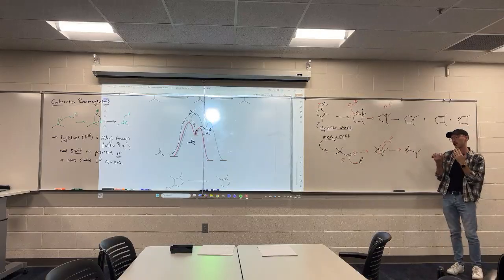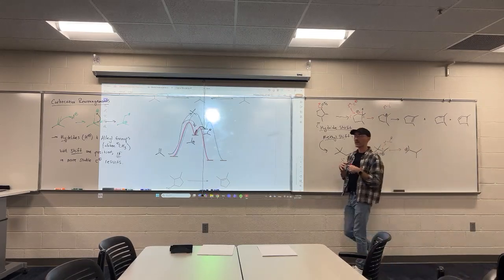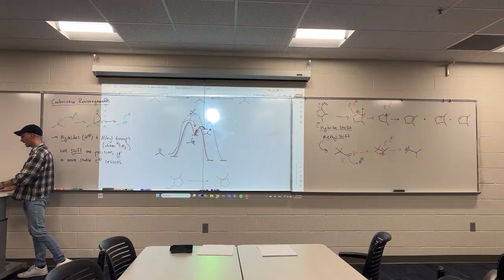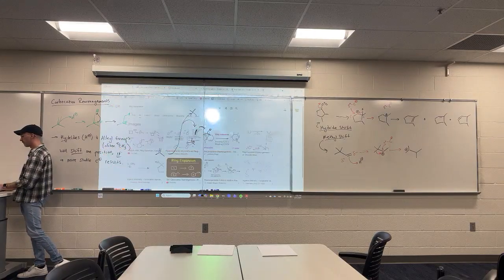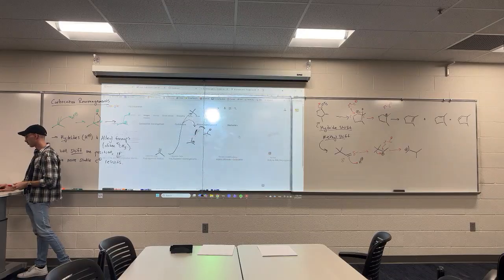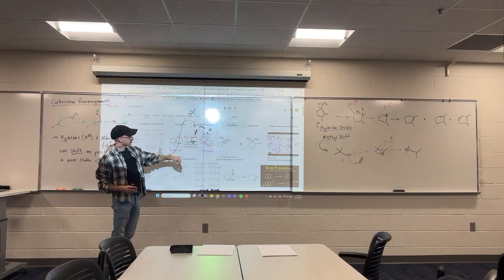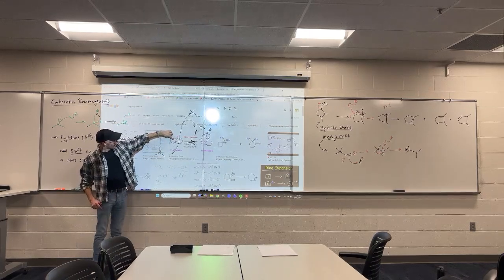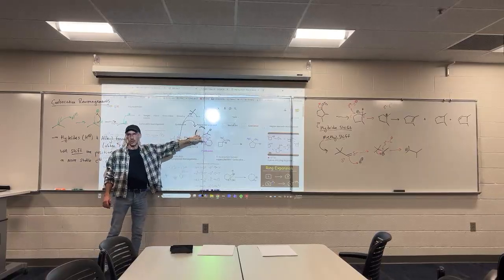Methyl groups are the only shifts that we'll really look at in our class, but all sorts of alkyl shifts happen. In fact, ring expansions are very common. Ring expansion is where the alkyl group is in a ring, and so it moves a bond over, and that results in an even larger ring forming.